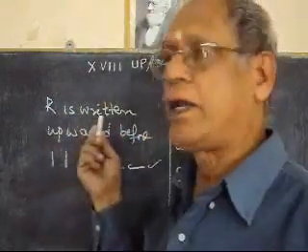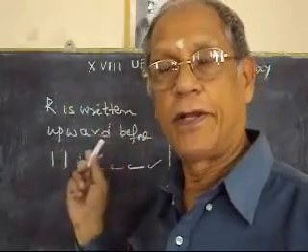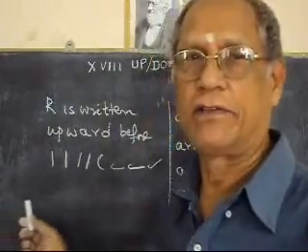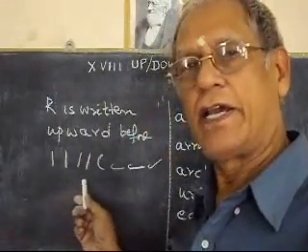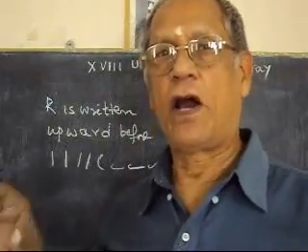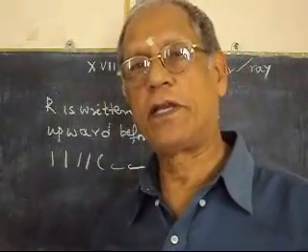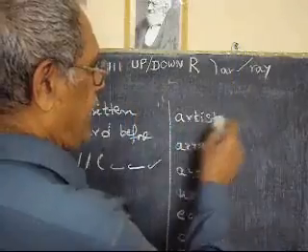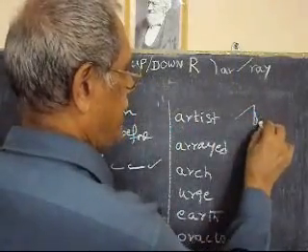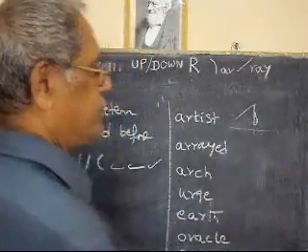Next rule, R is written upward before the strokes T, D, CH, J, and the strokes kal, gal, and way. Before these strokes, if R comes, it is represented by the upward form, that is ray. Artist.